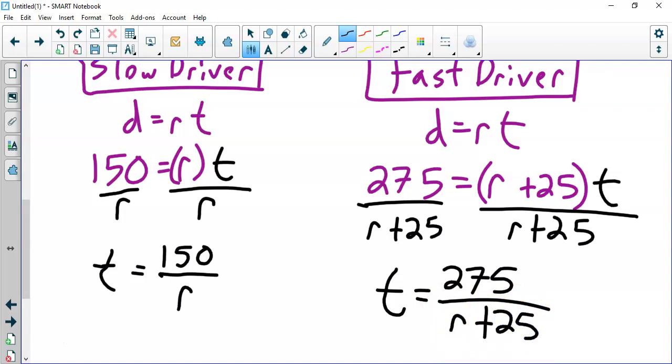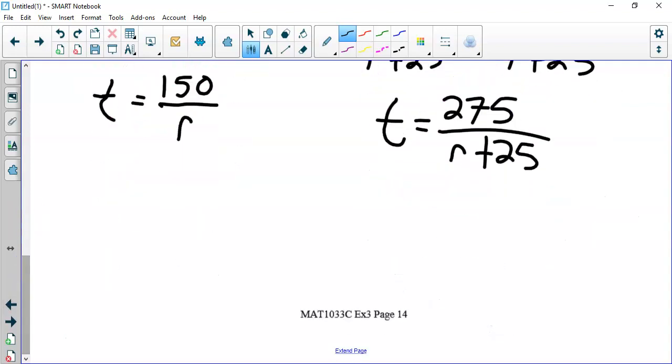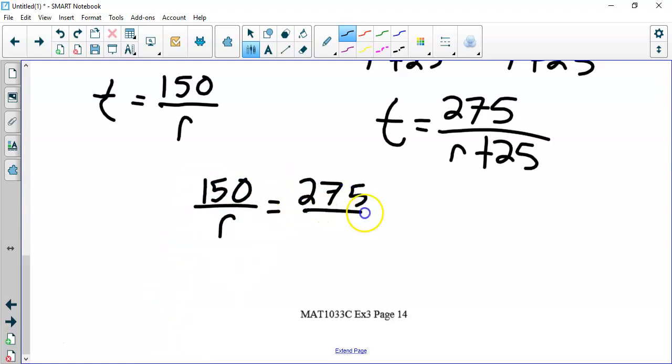And since both of these drove the same amount of time, I can take these two pieces, set them equal. Because their times are the same. You follow me on that? Which gives us a rational to solve. 150 over R must equal the same as 275 over R plus 25.